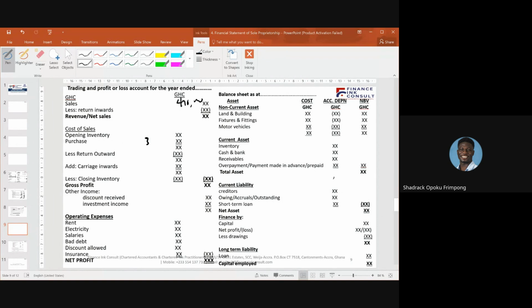Do you think it's the best, or I should just erase and start the whole thing? Or I should also give it to you guys as an assignment.